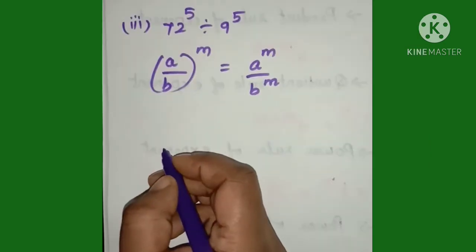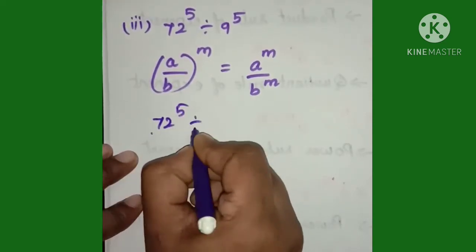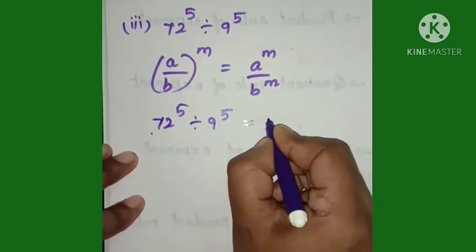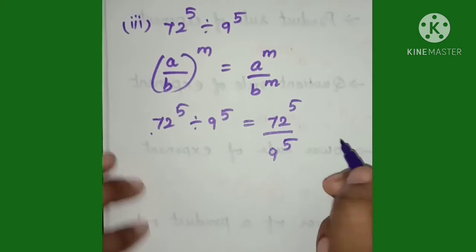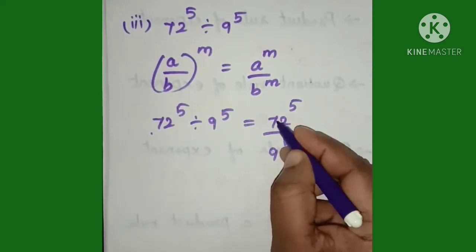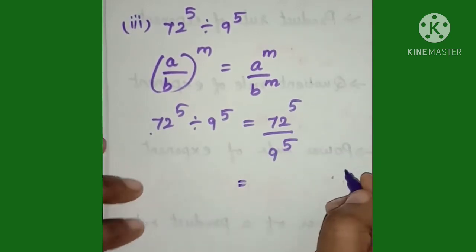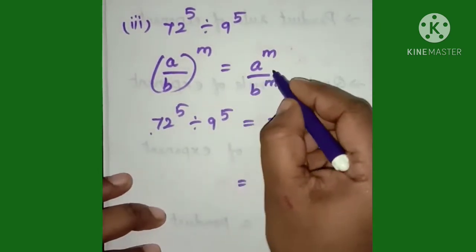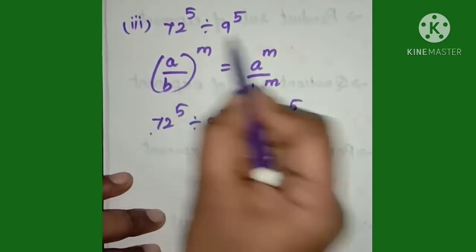Now 72 to the power 5 divided by 9 to the power 5. Here the bases are different and the exponents are the same. So we can use the power of a fraction rule, that is a to the power m divided by b to the power m is equal to a by b, the whole to the power m.